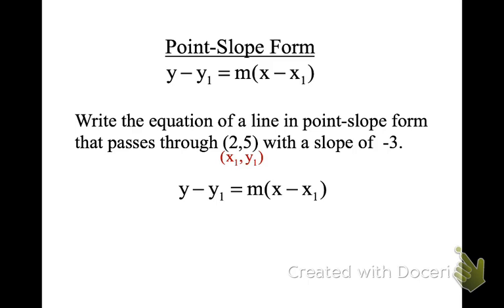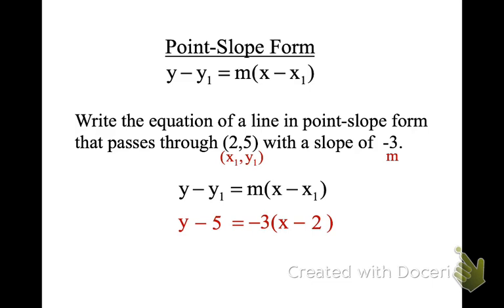So it's going to read from left to right. Y minus what? Y minus the 5 equals, what is my m? Equals -3 times the quantity of x minus 2. Good.